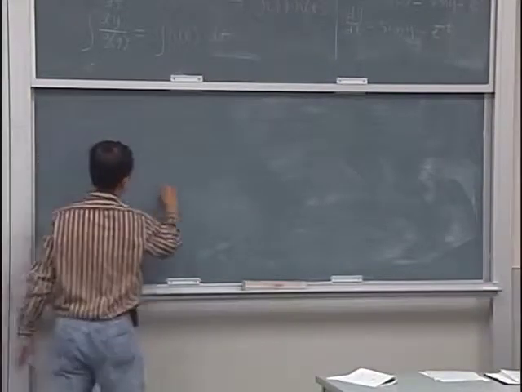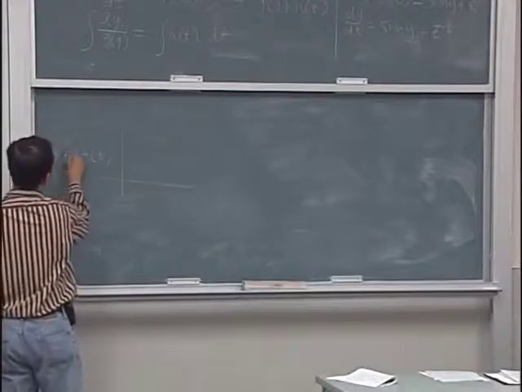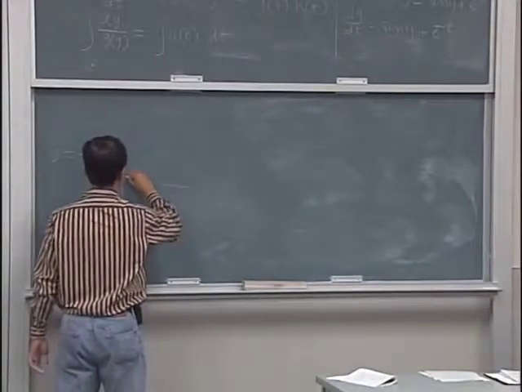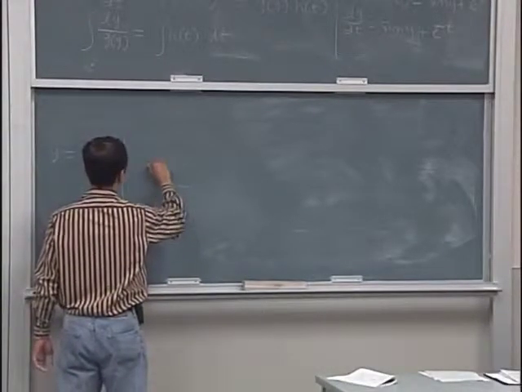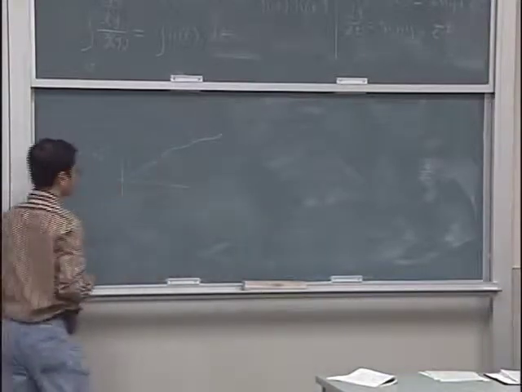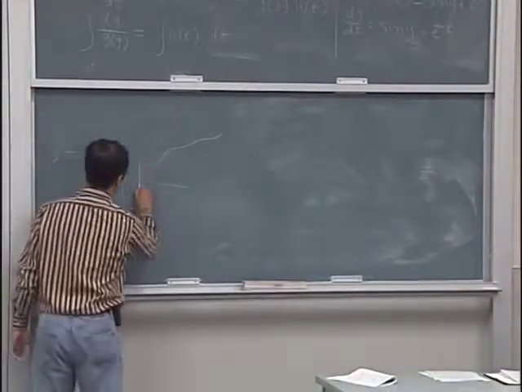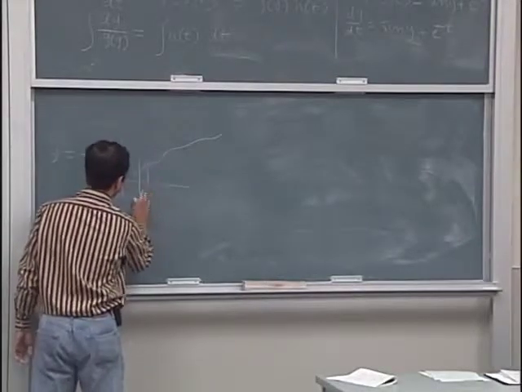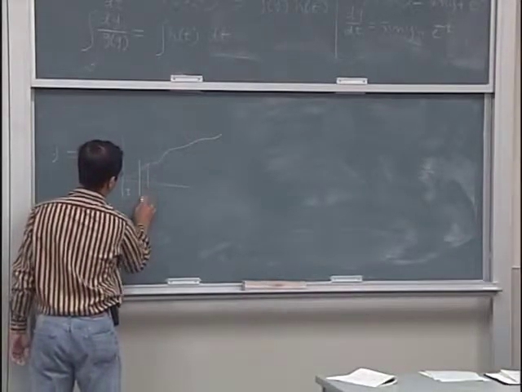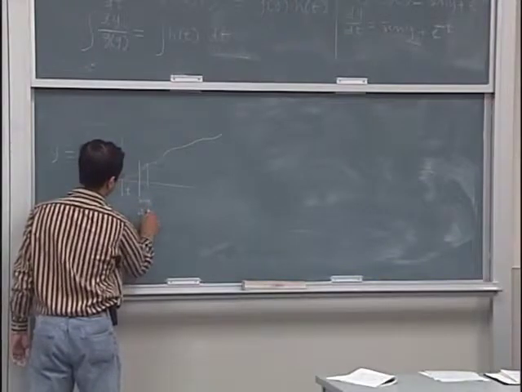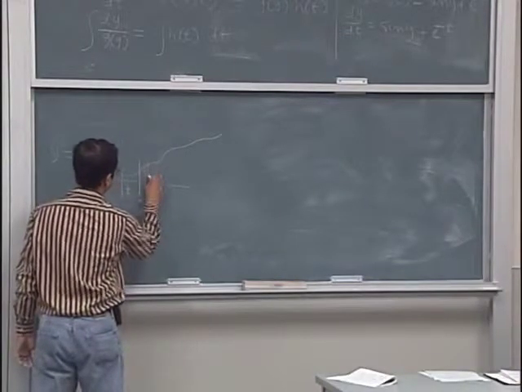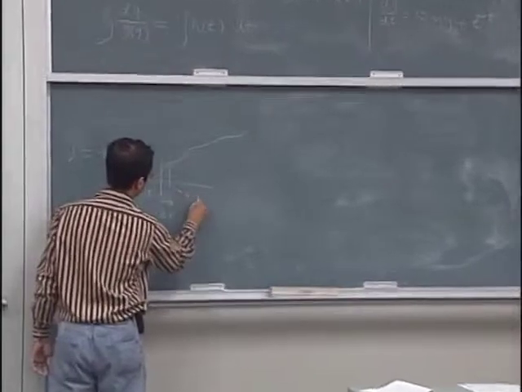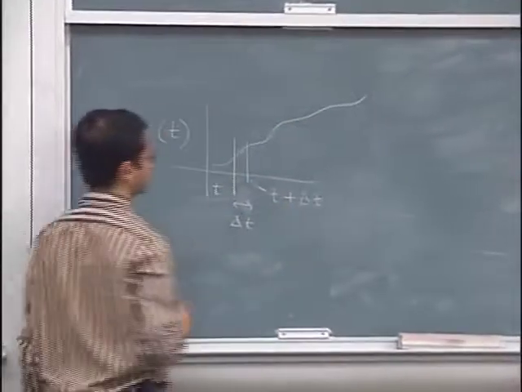And f(t) has this form. Now let's take some time t, and after a small interval delta t, you have t plus delta t.